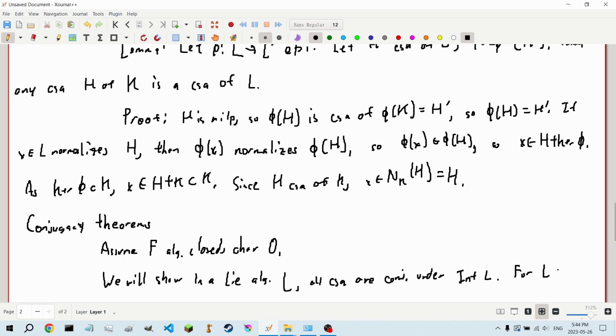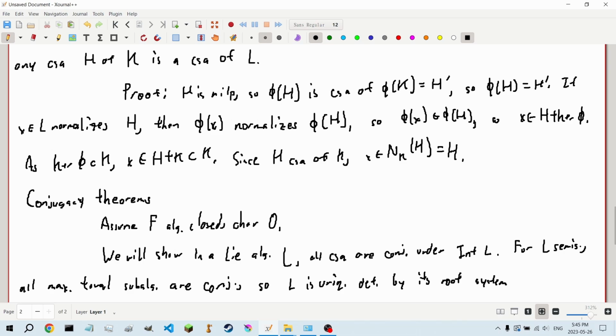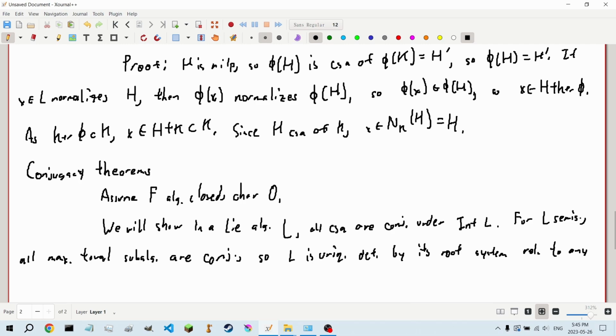For semi-simple L, this means all maximal toral subalgebras are conjugate. So L is going to be uniquely determined, as we discussed before, up to isomorphism by its root system relative to any maximal toral subalgebra.